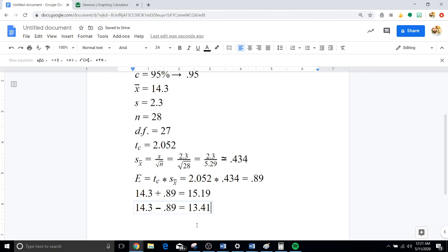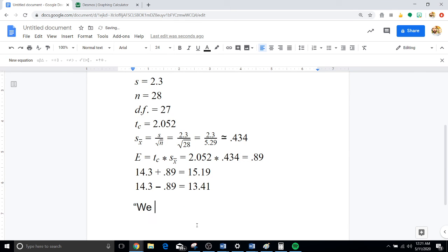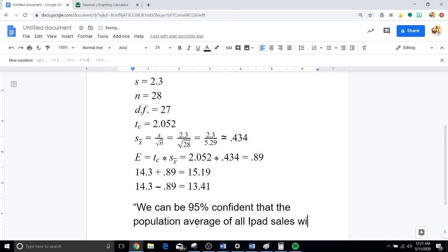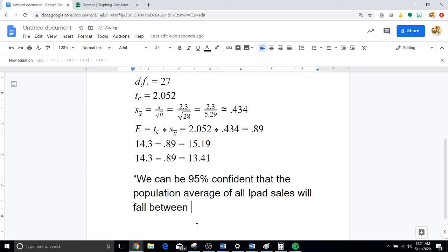All right, we have a range of values now. We have our interval, our confidence interval. So we can go ahead and set this up and answer the question. Quote, we can be 95% confident that the population average of all iPad sales will fall between 13.41 and 15.19 per day.